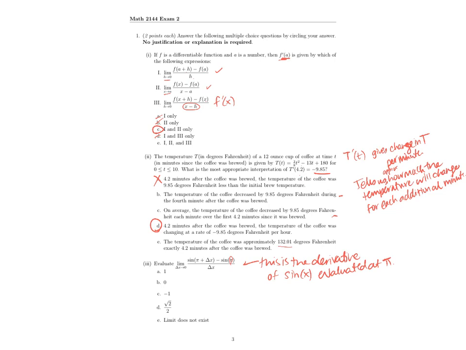I know that the derivative of sine is cosine. And if we evaluate that at pi, cosine of pi is negative 1. So the answer is C.